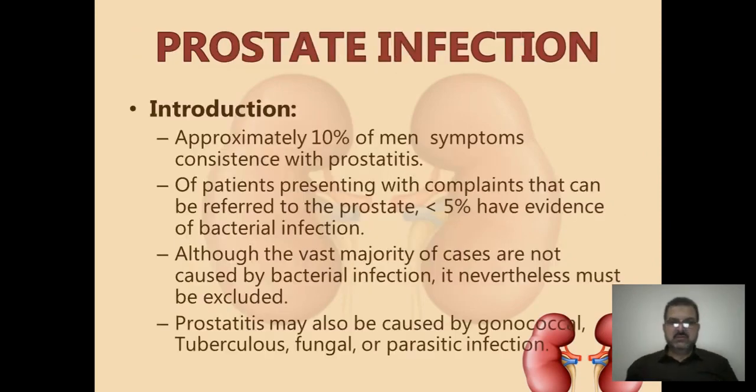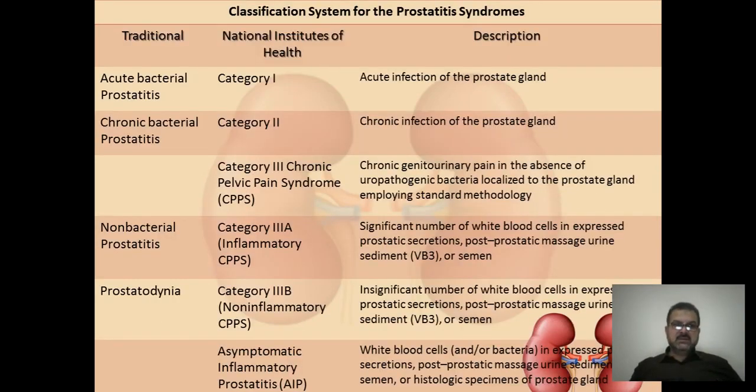Prostatic infection: 10% of men have symptoms consistent with prostatitis. In the vast majority of prostatitis cases you will not find bacterial infection, but you usually need to exclude it. This is the classification of prostatitis.